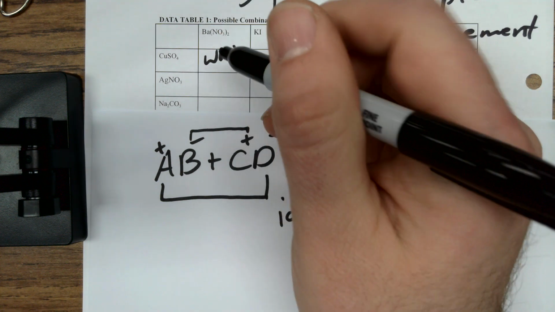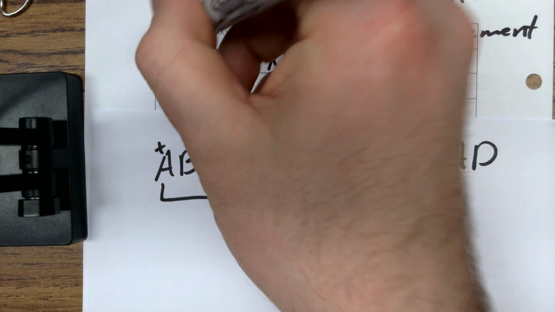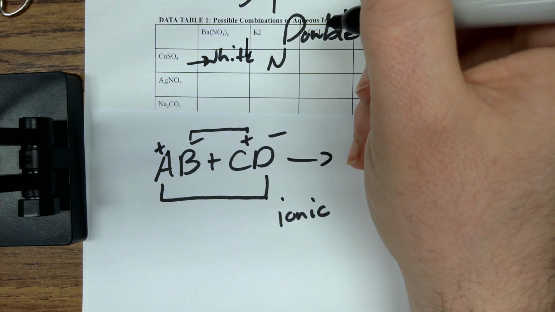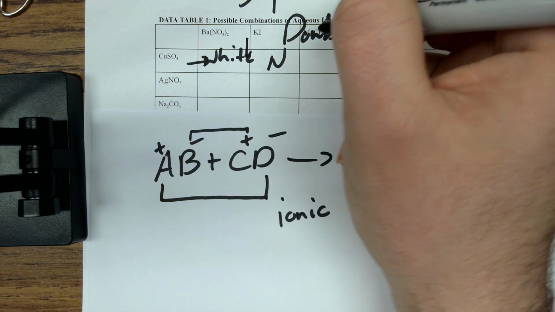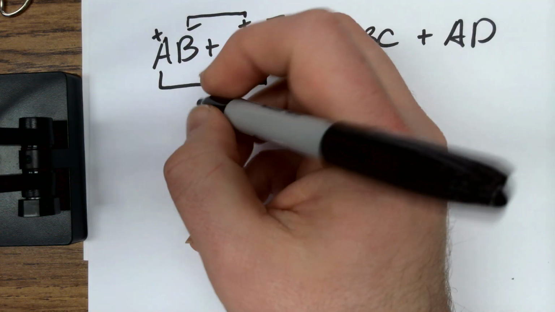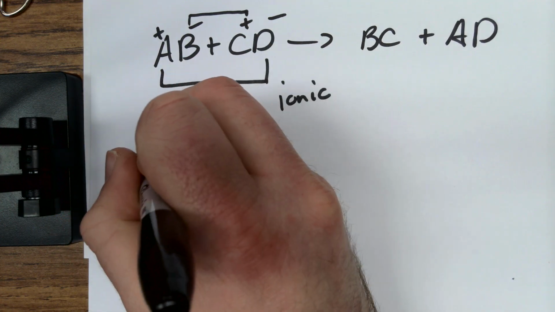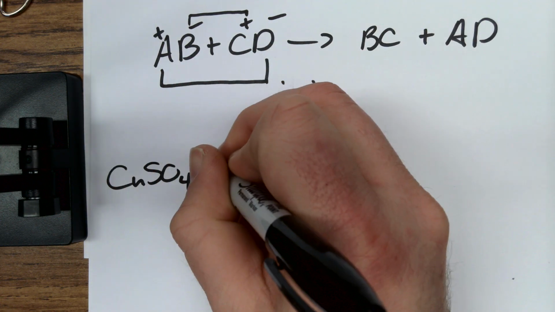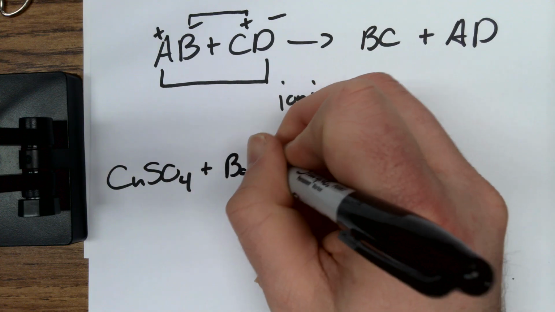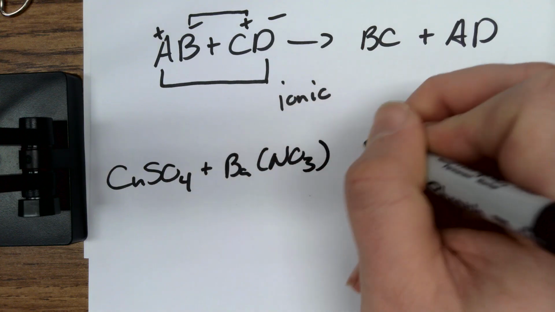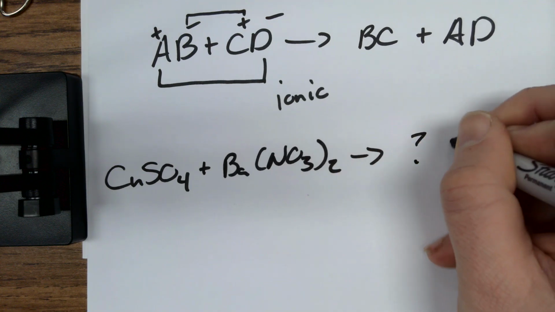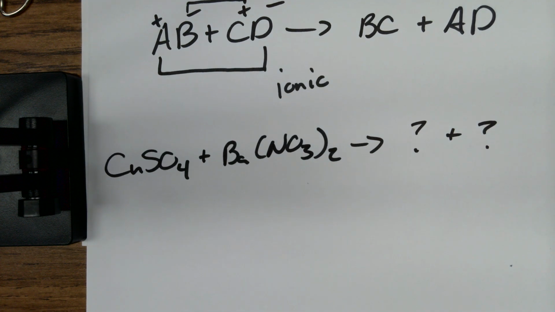So these are my reactants. My copper sulfate and my barium nitrate are my two reactants. So I can write that down here. CuSO4 plus Ba(NO3)2 is going to yield two things I don't know.